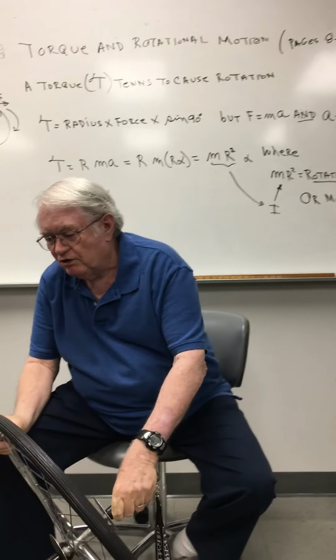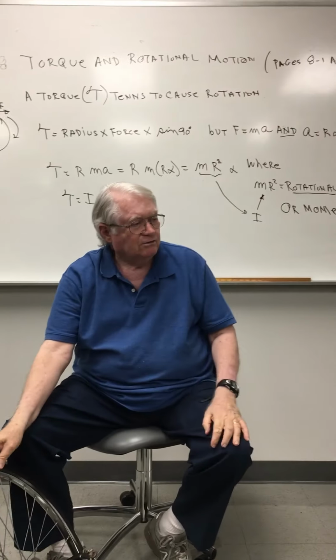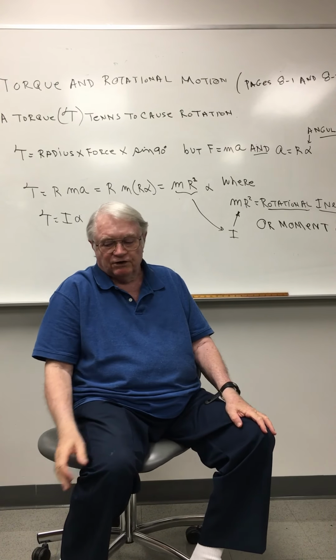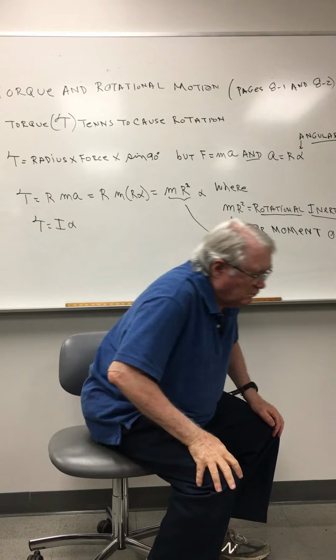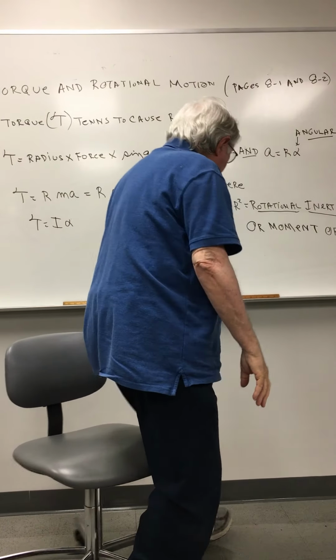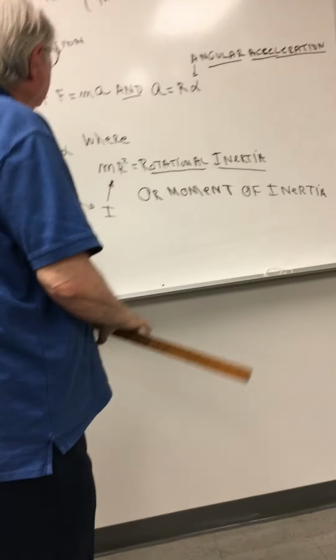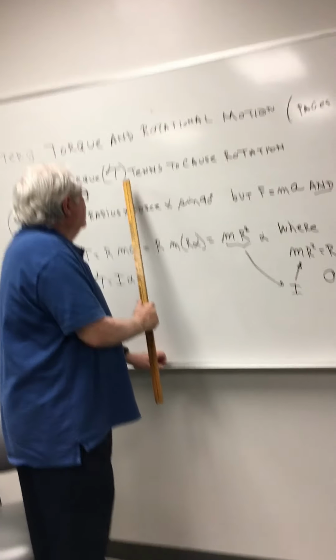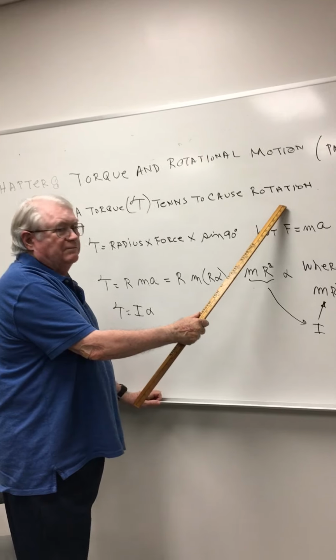Now, in order to show you this, I need a little stick, I guess, or maybe just my finger would be good enough for this, because I wrote this on the whiteboard here. Oh, here's my stick. The torque causes rotation.